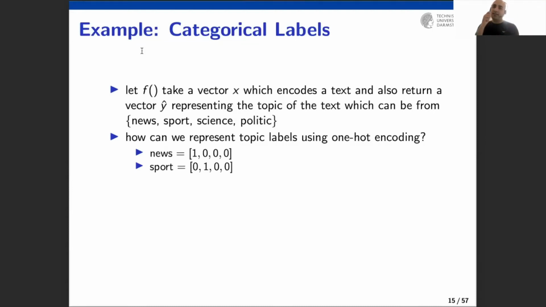So we set the second element in the vector to 1 and the rest to 0. And for science, since we use the first and the second elements for news and sports, we use the third element for science and make it 1 and set the rest to 0. And for politics, we use a vector like this, right? So in this way, we can represent the text news with a one-hot vector, sports with a one-hot vector, and politics with a one-hot vector.